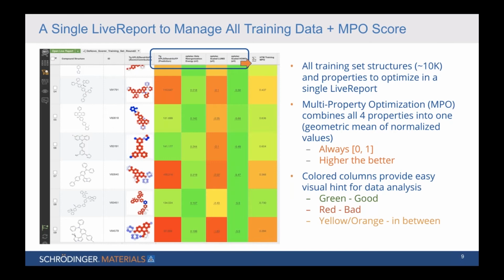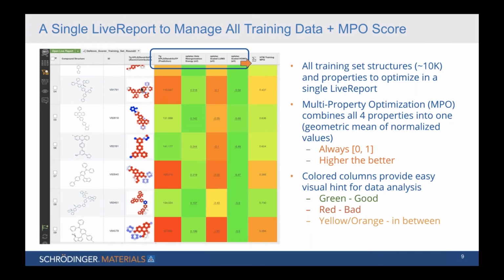In this live report, you can see the first column is a 2D rendering of the structure, followed by ID. The next two columns come from a machine learning workflow, or what we call a model in LiveDesign. One is the prediction, which is the predicted glass transition temperature of each structure.